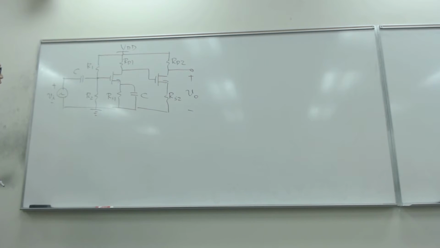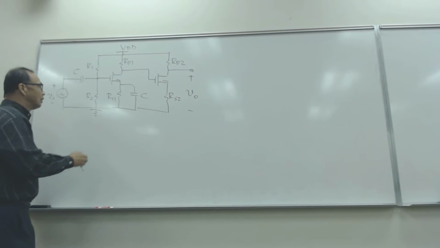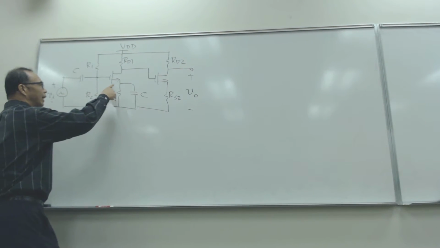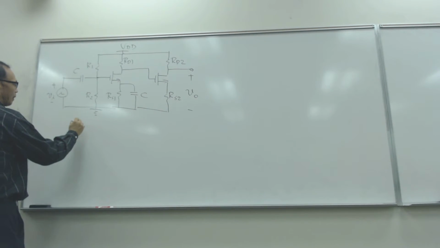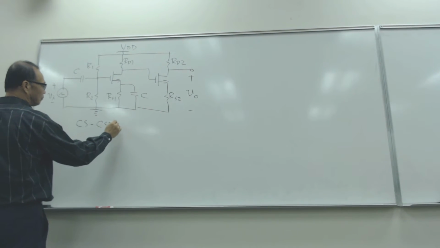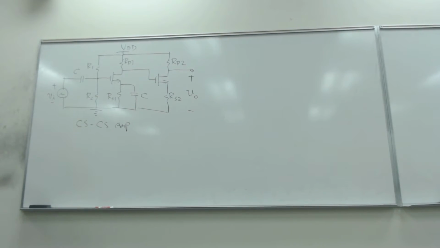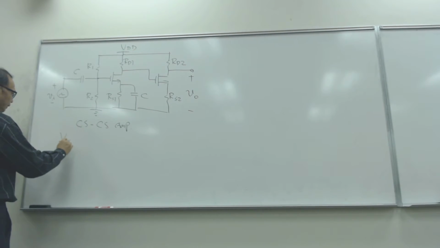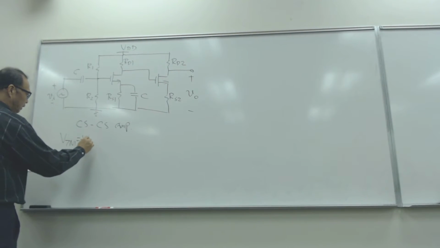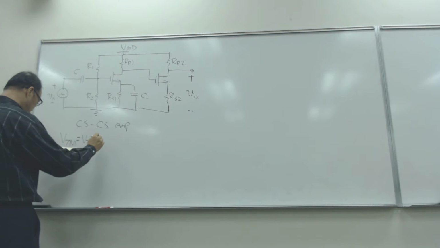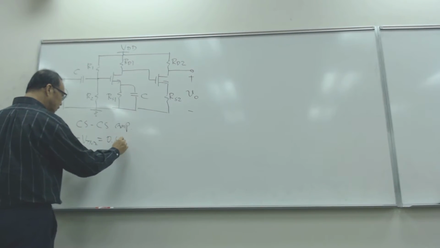So this is a common source and common source, right? Okay. Now what do we know? VTN1 equal to VTN2 equal to 0.6 volts.